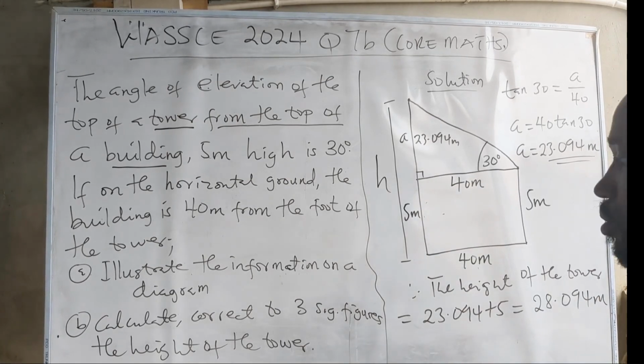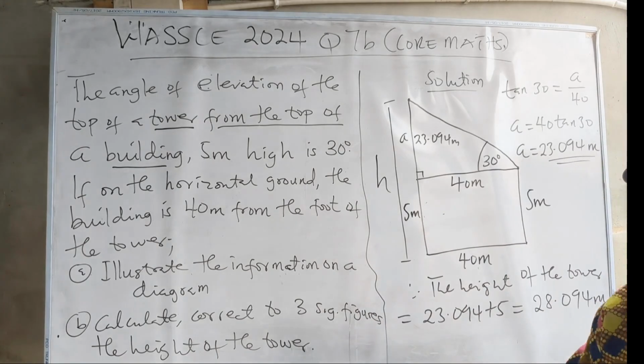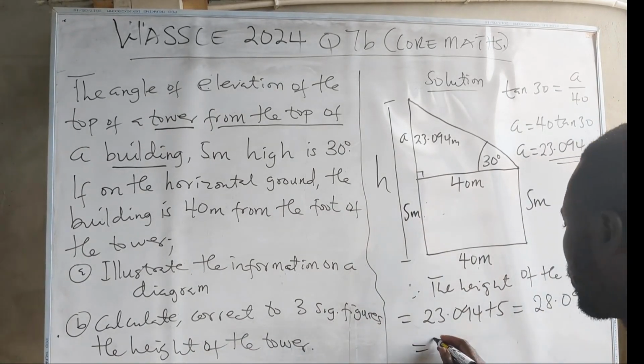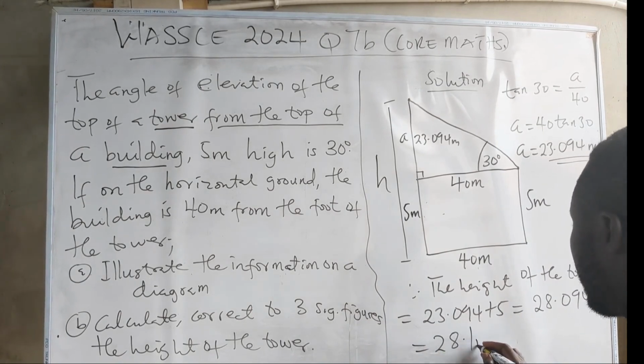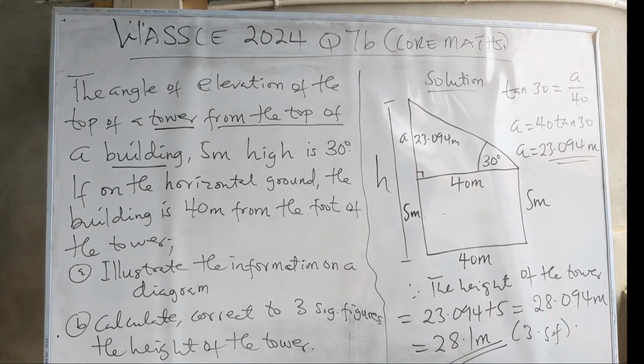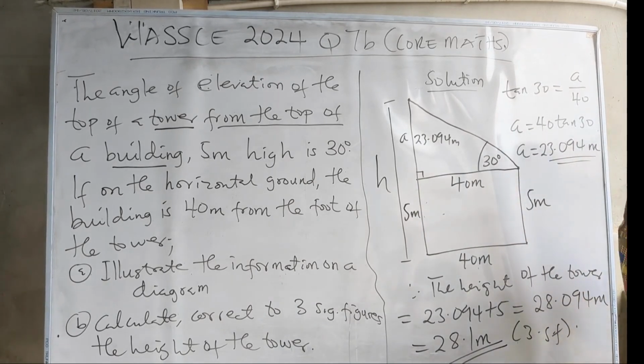But the question asks us to correct our answer to 3 significant figures: 1, 2, 3. So that will be 28.1 meters, to 3 significant figures. I hope you have understood this. It's very simple. I will see you again. Bye bye.